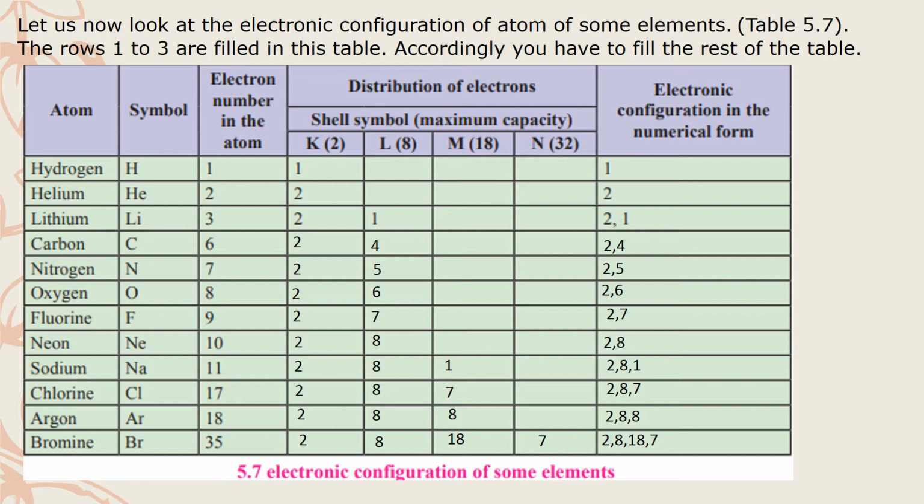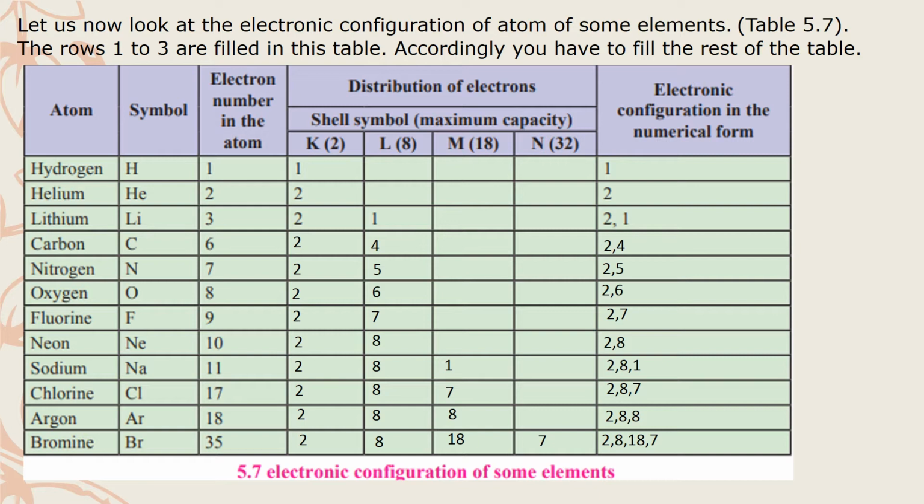Now the next atom is argon. Symbol for argon is capital A, small r. Electron number in the atom is 18. Distribution of electrons: in the K shell there are 2 electrons, in the L shell there are 8 electrons, and the M shell contains 8 electrons. So electronic configuration will be 2, 8, 8. Now the next atom is bromine. The symbol will be capital B, small r.